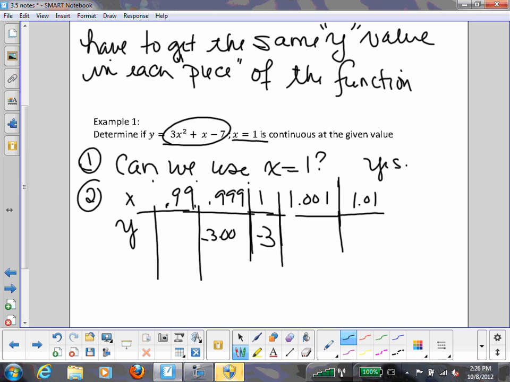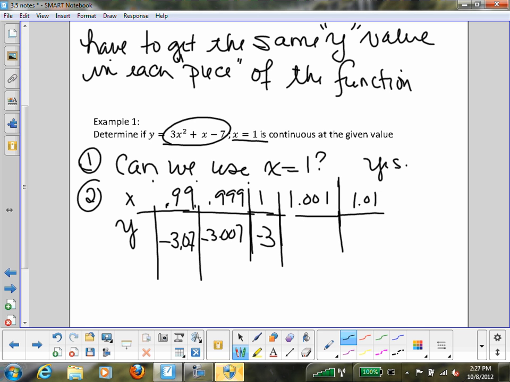-3.00, I think I have 007. And at 0.99, what do we get? -3 point what? 07. Are we all getting the same answer, or are you just letting Ellen do all the work? All right, how about 1.001?